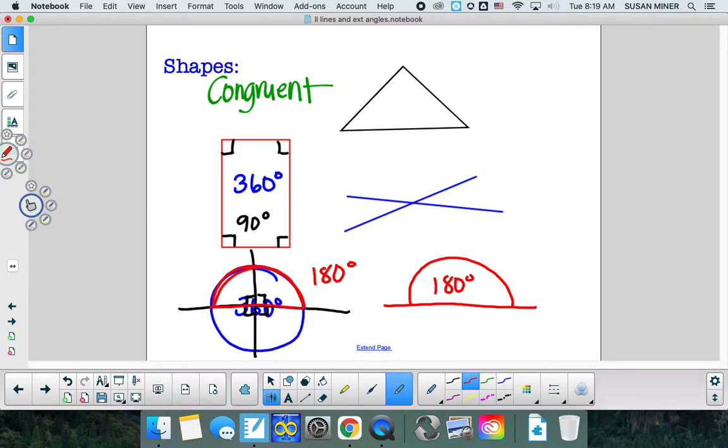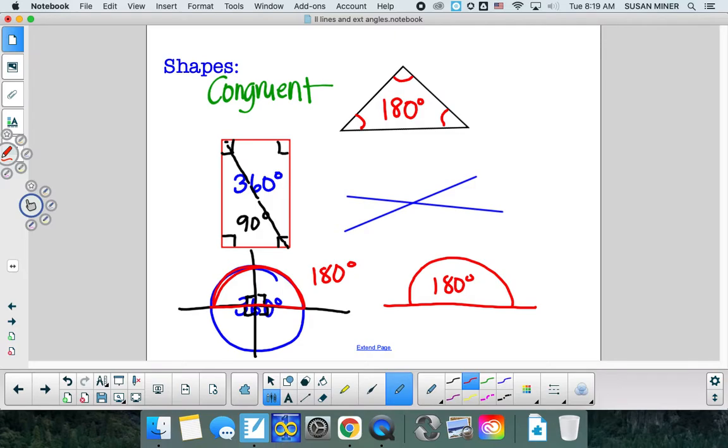Well, if I'm thinking about squares and rectangles, half of a square or a rectangle is a triangle. And so triangles are another shape that all of their angles will add up to 180 degrees, if I add up all of the degrees. And we use degrees to measure angles. The measurement that we use is called degrees. Okay, so there are some interesting things that we've talked about. This is just review from 7th grade.